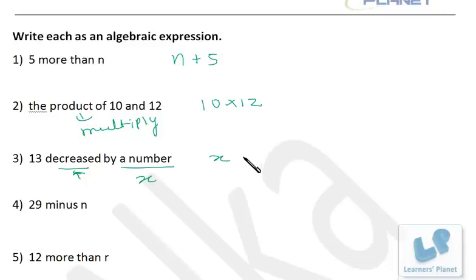So this is a decrement, or you can say less: 13 less than x, or 13 is decreased from x. This is 29 minus n. 12 more than r: r, more means plus, and 12. Isn't it easy? Just practice some more.